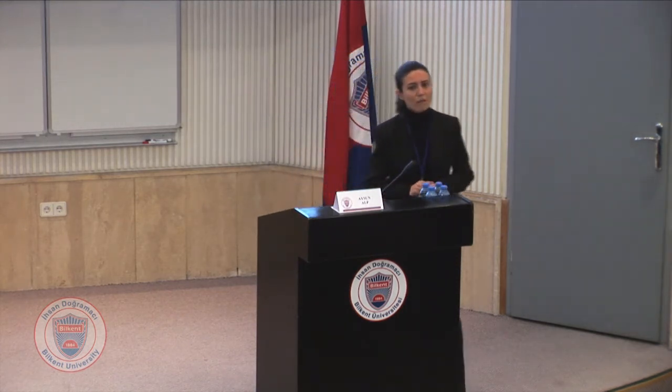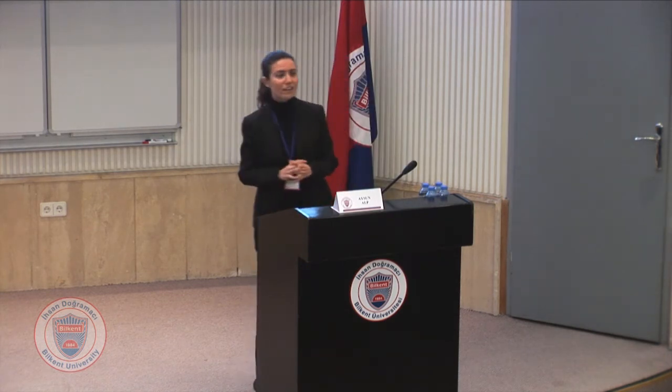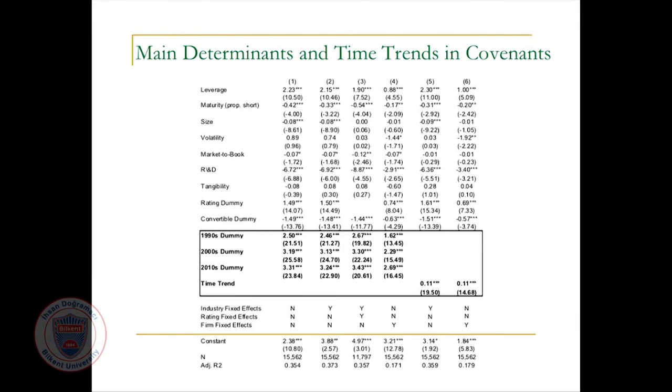Of course, our main focus on this table is the pattern of the decade indicator variables, right? As we can see, the decade indicator variables are all positive and significant at the 1% level in all specifications. And more importantly, they exhibit a monotonically increasing pattern, right?